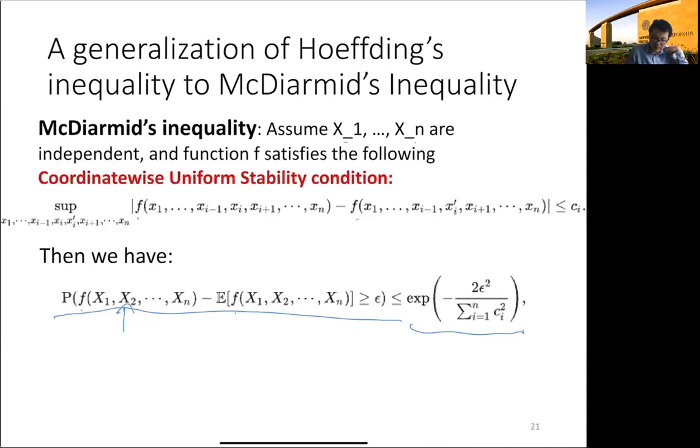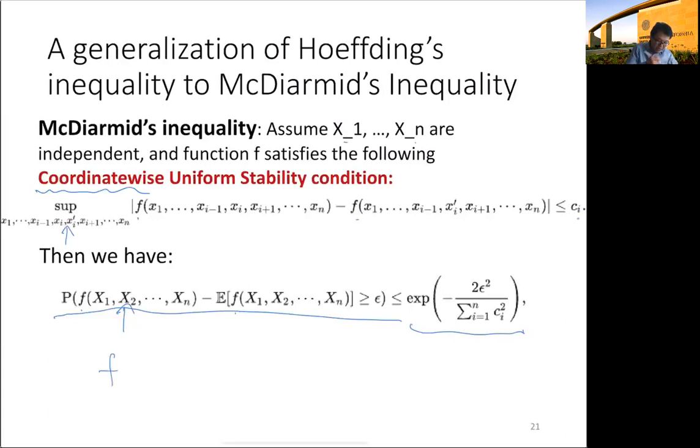It depends on i, which is why I'm calling it a coordinate-wise stability condition. It's a uniform stability condition because of this sup: I'm taking all possible inputs to f and requiring this inequality to hold for all inputs. Okay, so why is this useful to us?